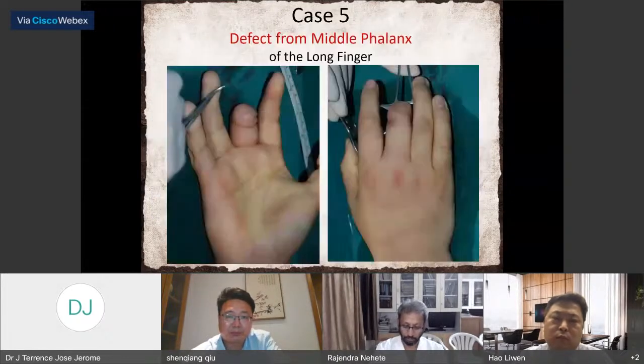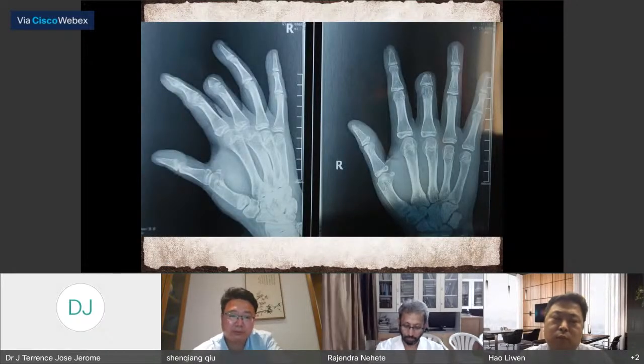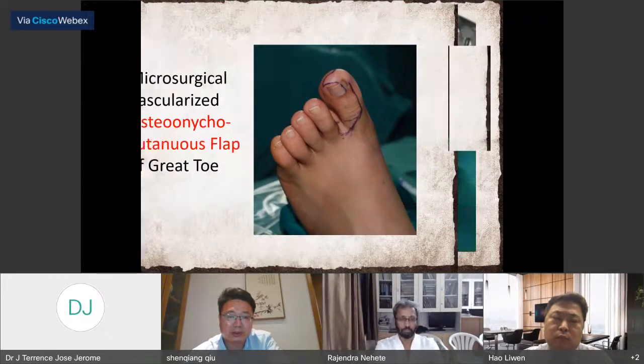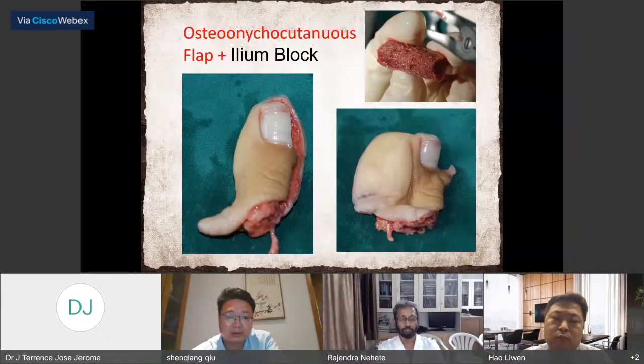Case 5 is a defect from the middle phalanx of a long finger, like a ring. An osteoonychocutaneous flap from the second toe was designed, and the iliac bone block.